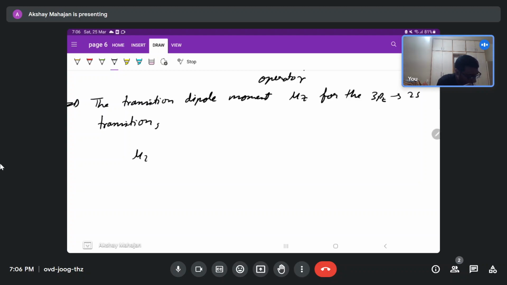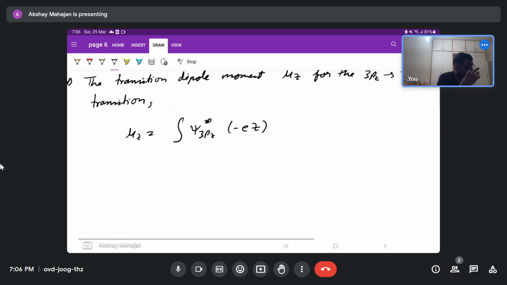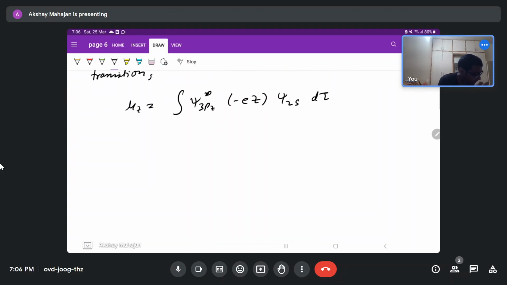So mu z will just be given by the integral of psi 3pz star, times the dipole moment operator, which in this case is minus e times z, times psi 2s, d tau. Now for this we need psi 3pz and psi 2s, and these are for the hydrogen atom.